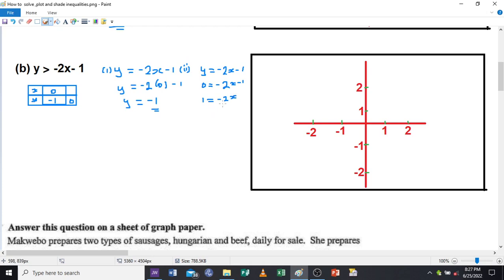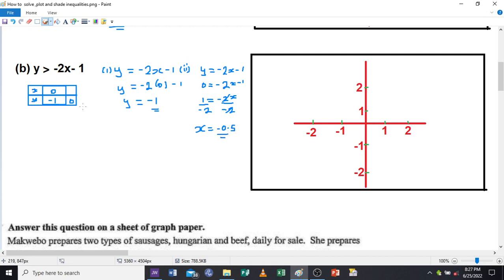Okay, now this means you have to divide both sides by -2, right? So you can leave your answer in points so that you can plot it nicely there. If we leave our answer in points, this will be -0.5, right?